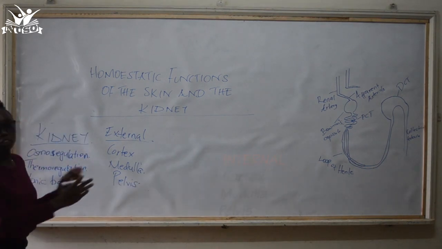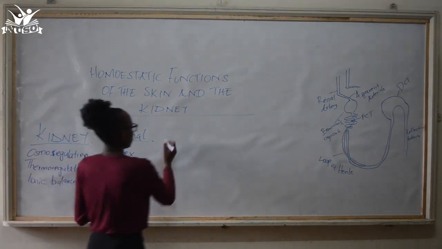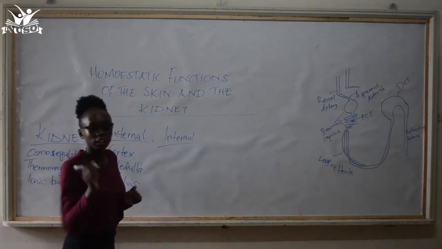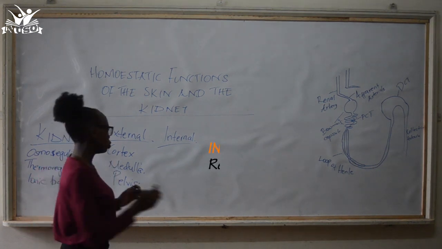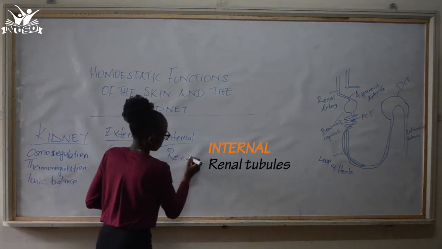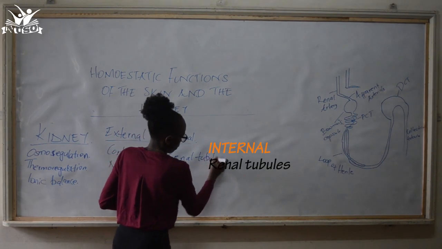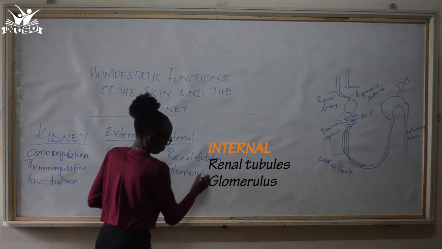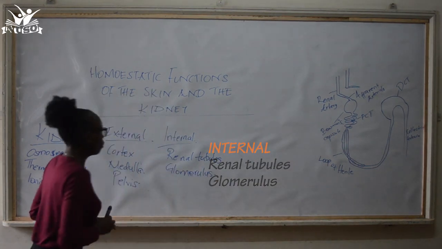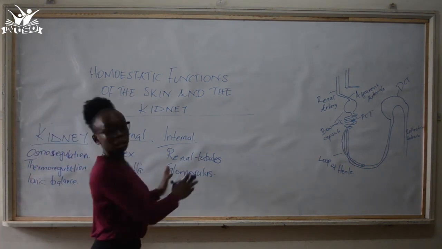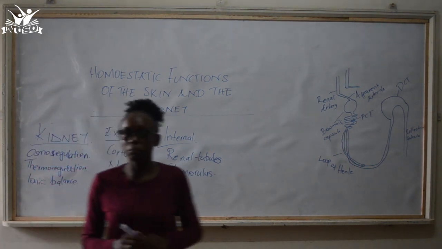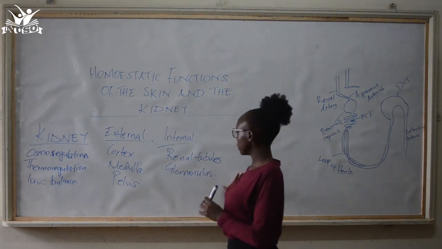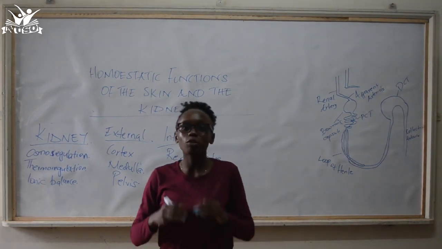The internal part of the kidney contains renal tubules and the glomerulus. This internal part of the kidney makes it possible for the homeostatic functions of the kidney to occur, and these processes lead to the formation of urine.